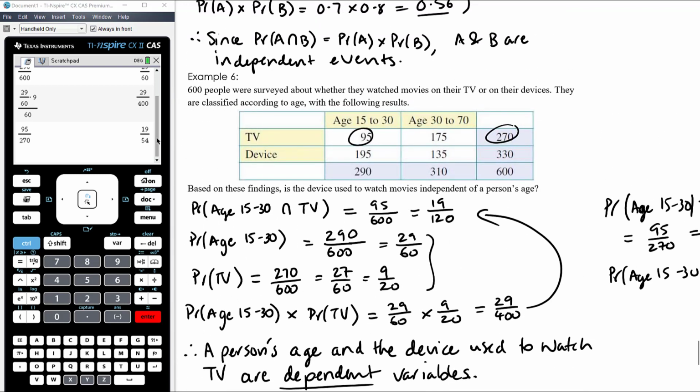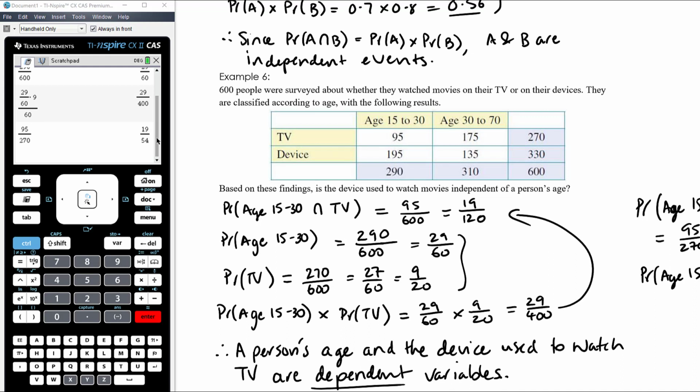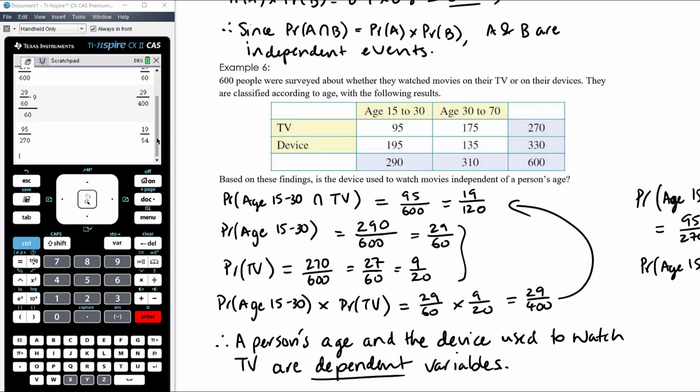So you could have focused on comparing the young age group with device use rather than with TV use, or the older age group with TV, or the older age group with device. But you don't need to compare all four combinations. If there is dependence in one combination, in this case young people and TV, then there would be dependence between the other variables as well.